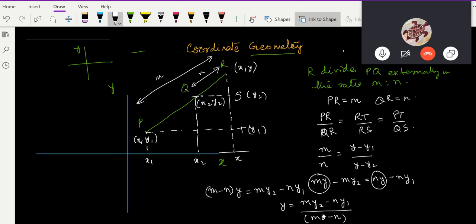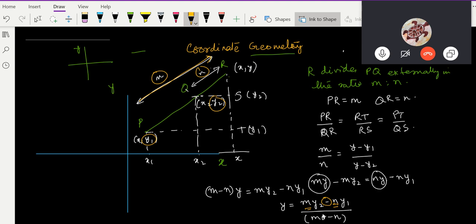So now you see the logic here. m into y2 and n into y1. Same thing we got last time also, my2, ny1, but with a negative sign here because this is an external one. So I'm subtracting n from m, and that is why the negative sign is there.